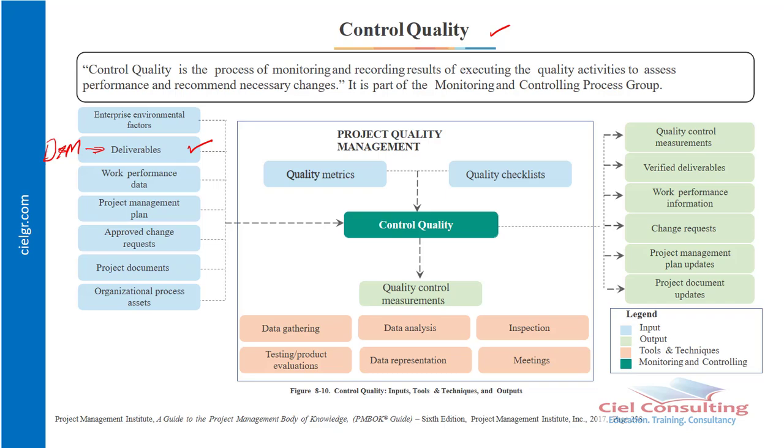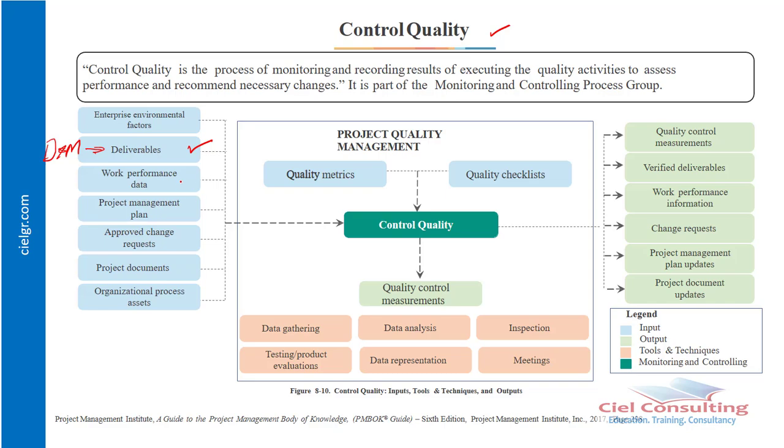In other words, this is where we check those deliverables, those products, outcomes, to determine that they meet quality expectations. And then based on that, we now do what we refer to as scope validation, which of course we discussed under project scope management. So that's why you're seeing deliverables here as part of the input in the control quality process.